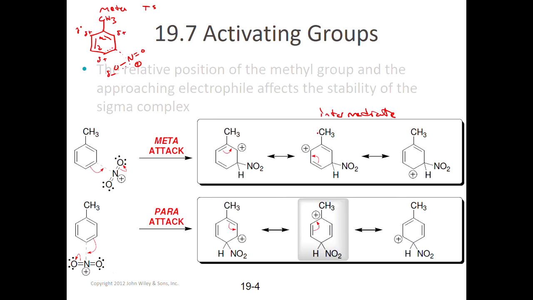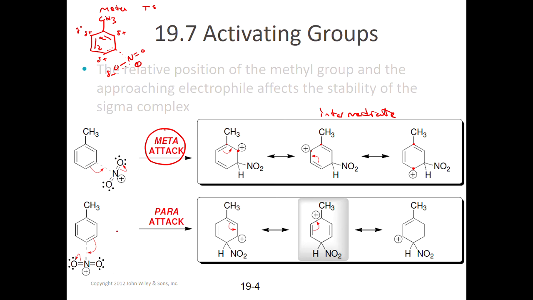So we end up with a similar situation here. Due to the meta attack, the way it works out, and the positions where the positive is distributed, both during the transition state and during the intermediate, the methyl group does not help to stabilize that, because the positive never ends up on the carbon that the methyl group can help shift electrons toward to stabilize.